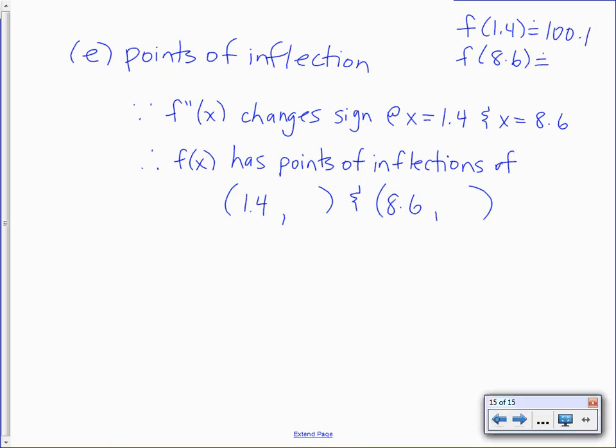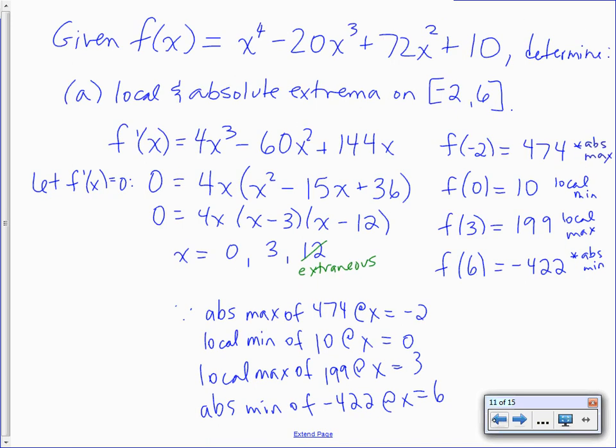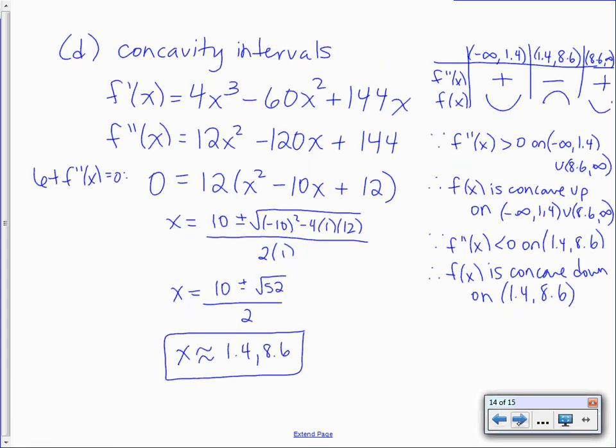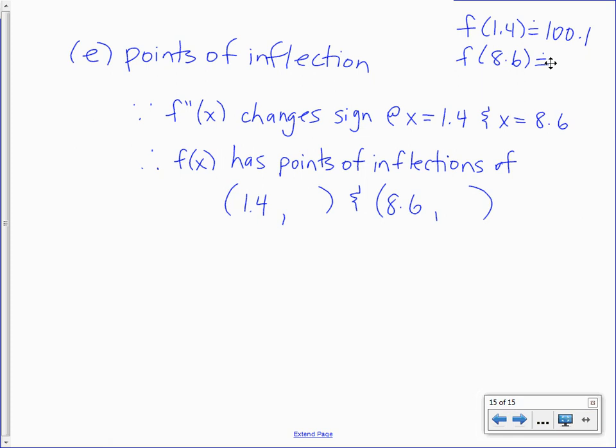And then 8.6 to the 4 minus 20 times 8.6 to the 3 plus 72 times 8.6 squared plus 10, this is a big one, negative 1,915.9.